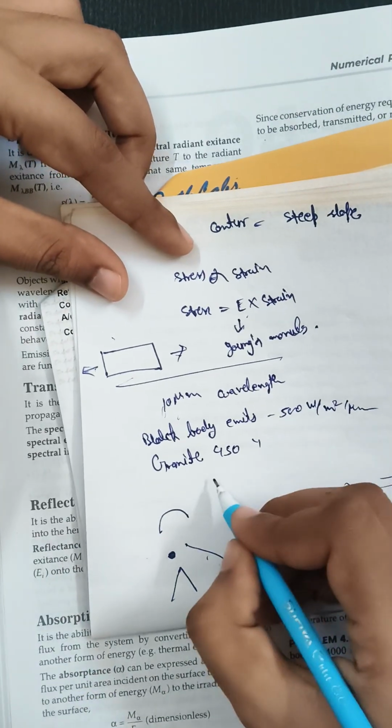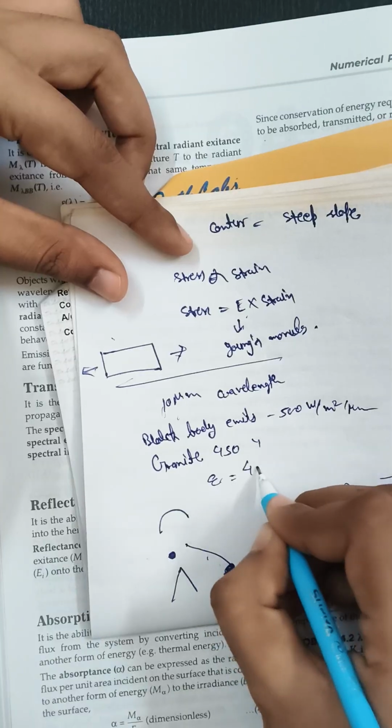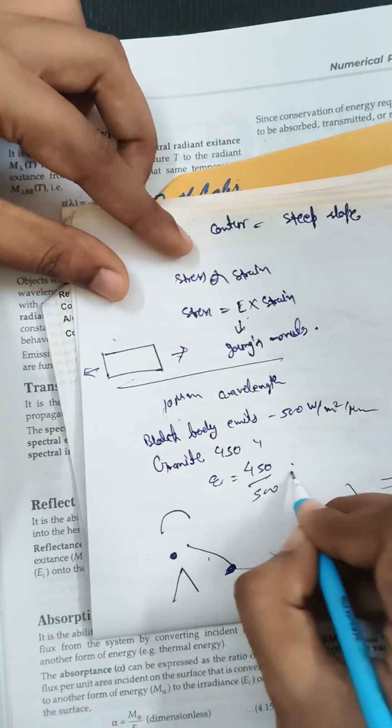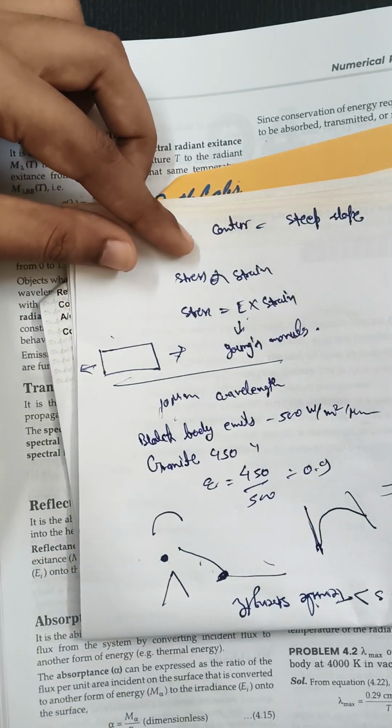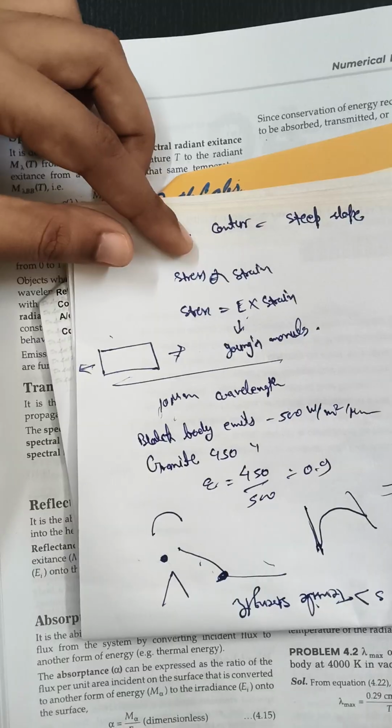So what is the emissivity? Epsilon equals 450 upon 500, equal to 0.9. This means granite emits 90% as efficiently as a black body. This is the meaning of emissivity.